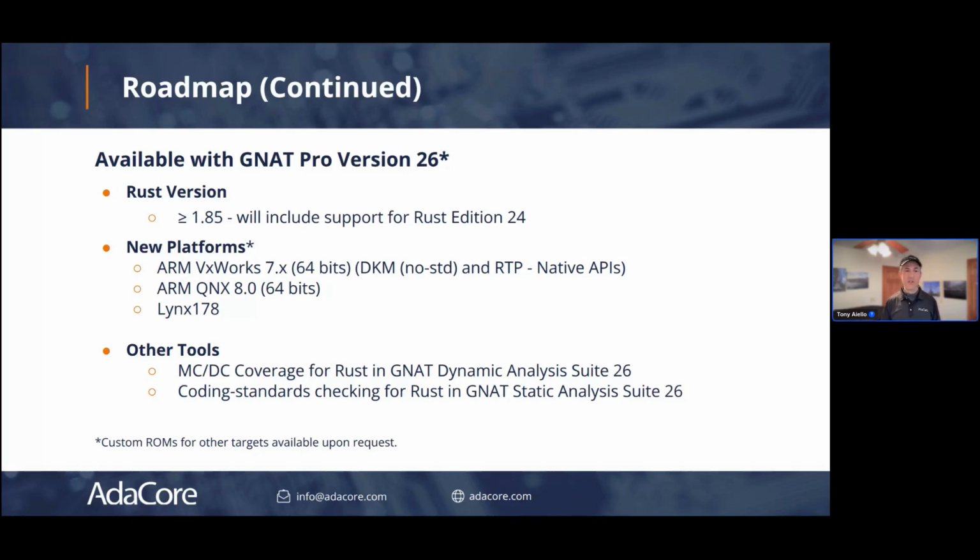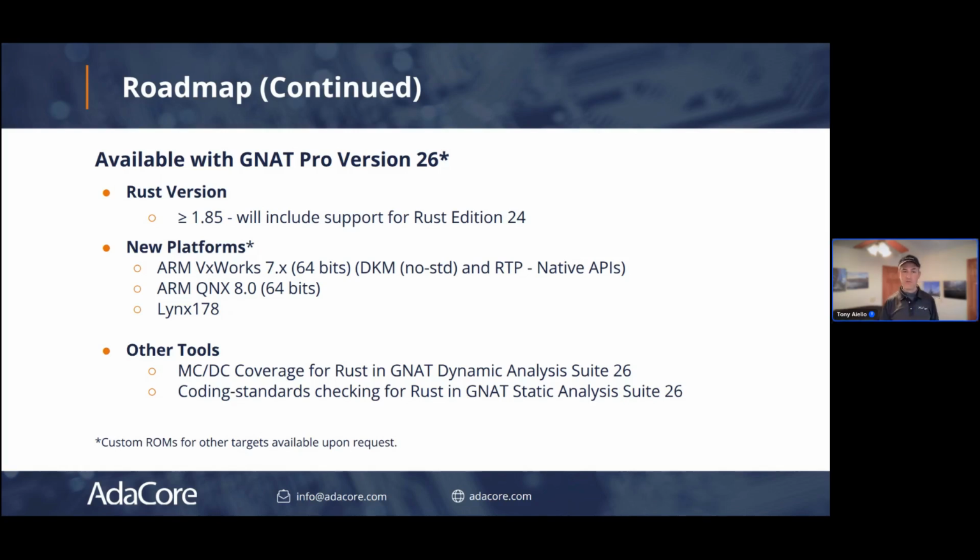In terms of new platforms, VxWorks 7, we're going to retool the RTP port so that it uses native APIs. Today, the VxWorks port is using POSIX APIs. We believe the native APIs will offer higher performance and will be a better fit for certification. We're also looking at QNX 8 on ARM 64, and we're looking at Lynx 178.